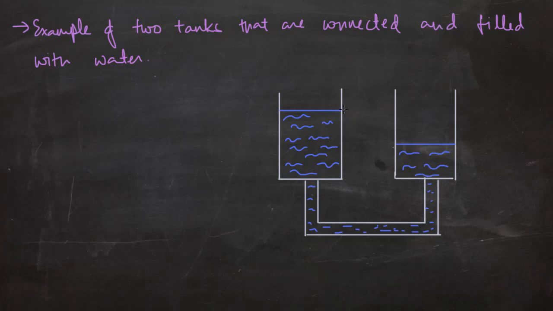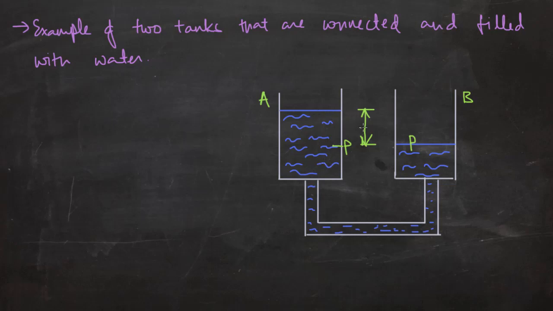We can safely say that the difference in pressure between these two points is going to cause water to move from, say, tank A to tank B. The difference in level is this, and that means that the pressure at this point is equal to the pressure at this point in vessel A.